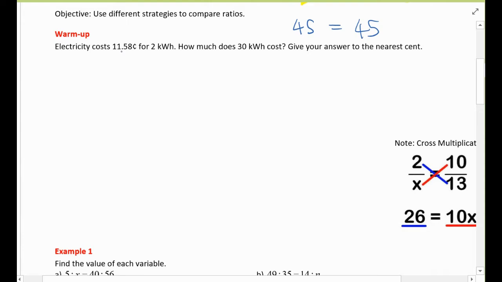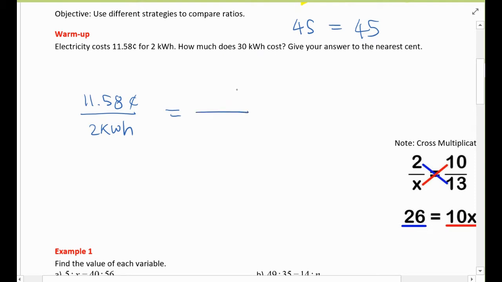Okay, look at the warm-up question. Electricity costs 11.58 cents for 2 kilowatt hours. How much does 30 kilowatt hours cost?